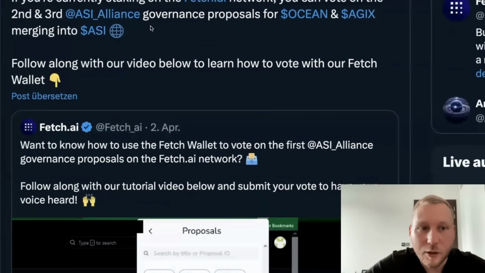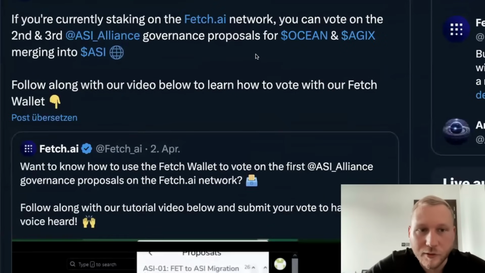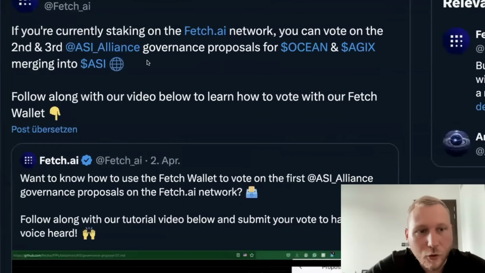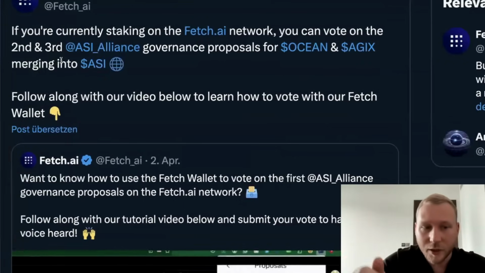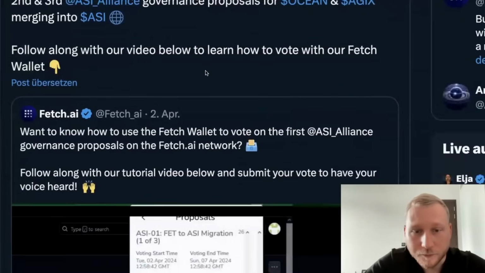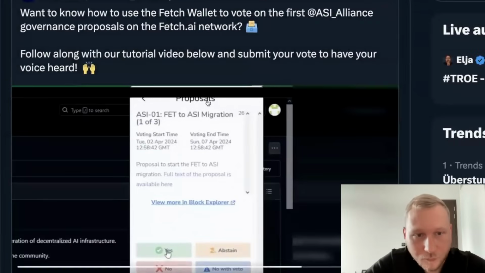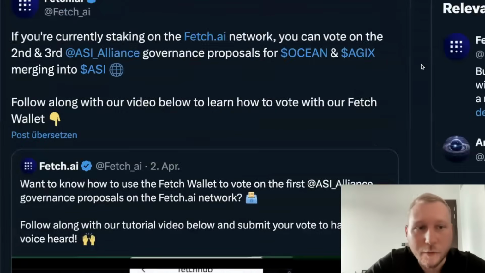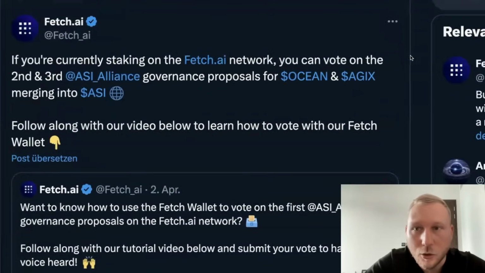And they're obviously now doing a lot of on-chain governance proposals to get community support for executing that. I talked to you about how it's a huge endeavor and very complex because all these tokens are in production. So it will be very interesting to see what the community is doing with this, how they're reacting, and how supportive they are. But yeah, if you're a FET staker, then you can now go and vote.